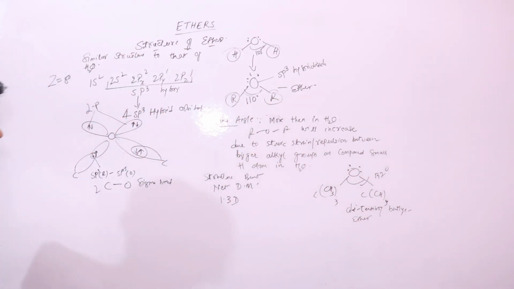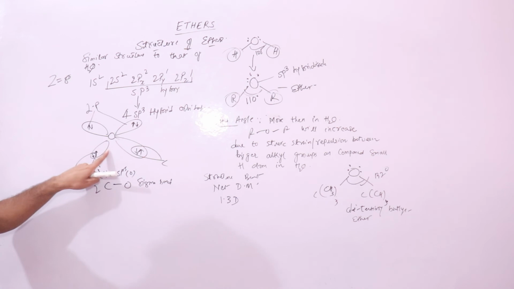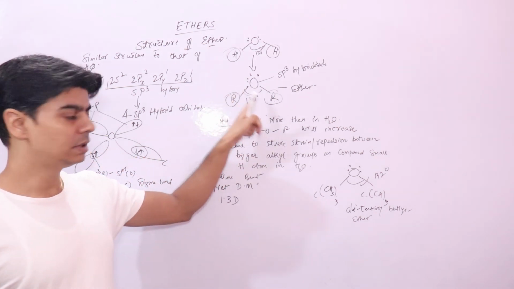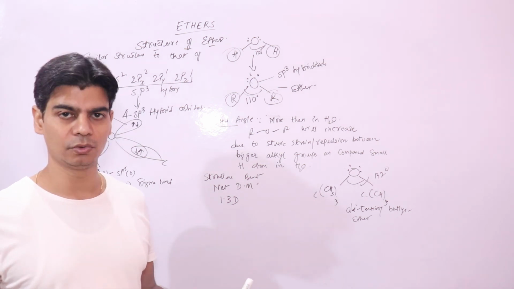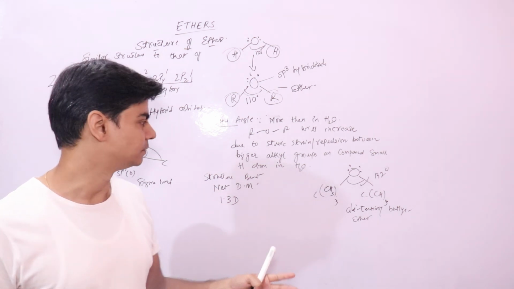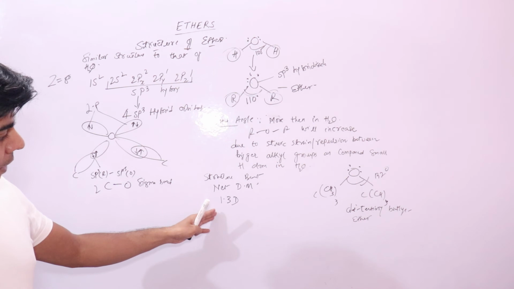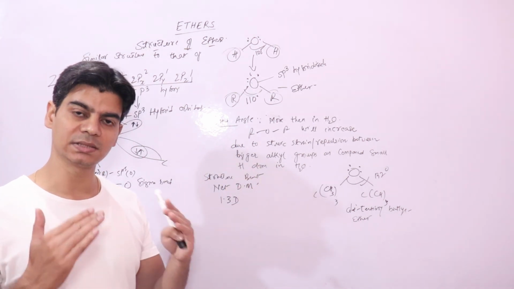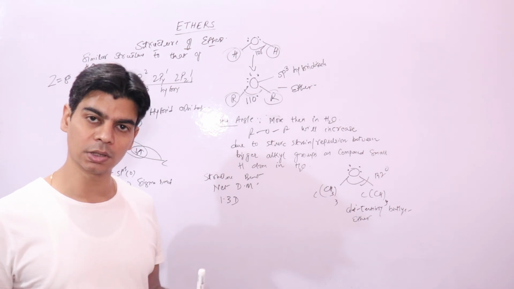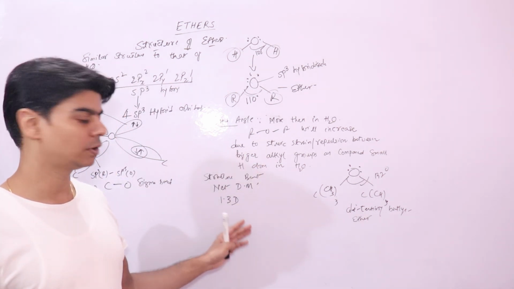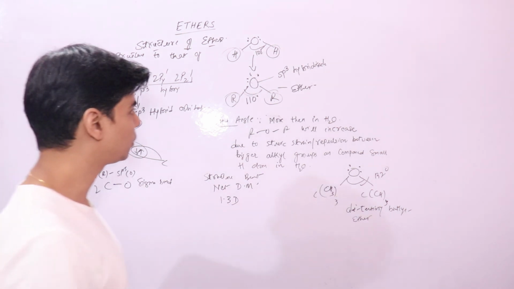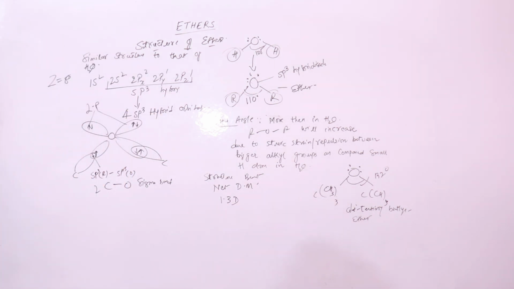The bond angle is more in ethers because of the bigger alkyl groups, which have more steric repulsion. And it has a net dipole moment because it has a bent or V-shaped structure like that of water. For dimethyl ether it is 1.3 and for diethyl ether it is 1.18 D. I hope this is clear.